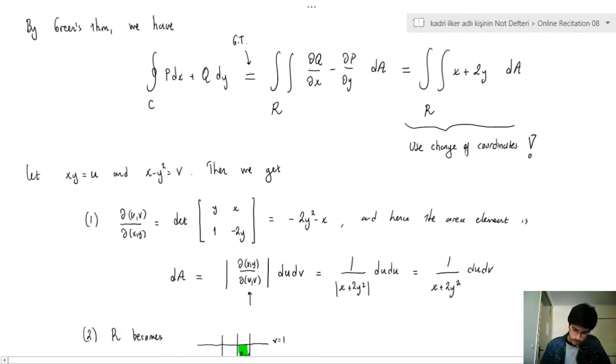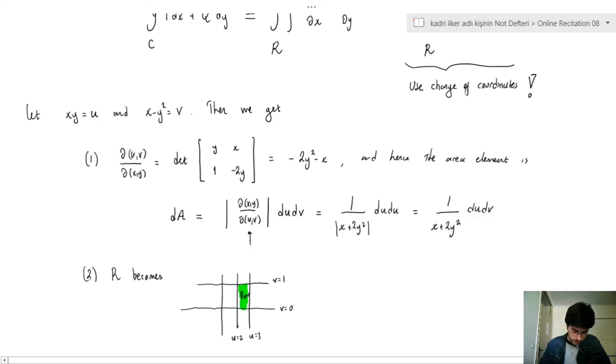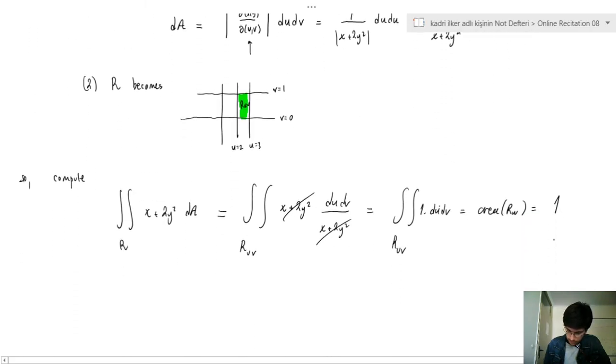Then by using the techniques that we learned while dealing with double integrals, we end up with this result. Okay, fine. Nice. Maybe it is a good place to stop, and then we will continue. Okay, thanks.